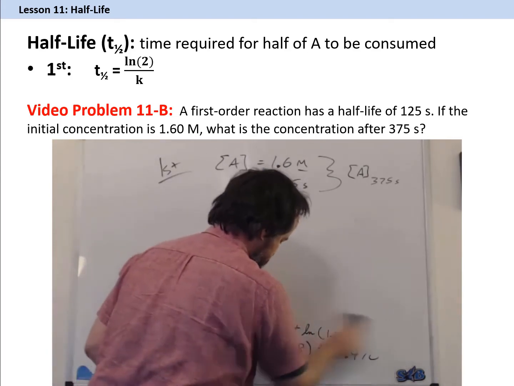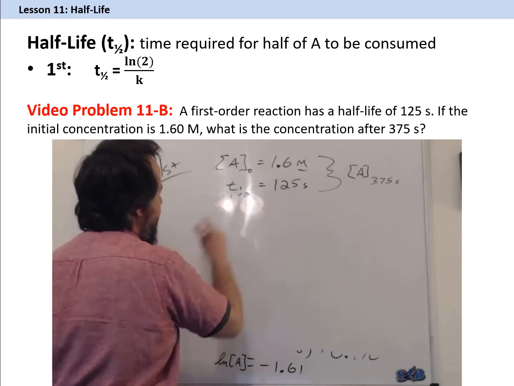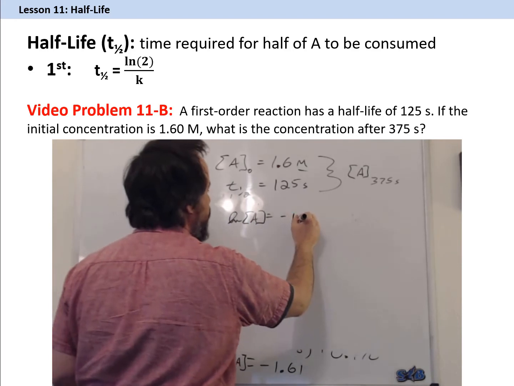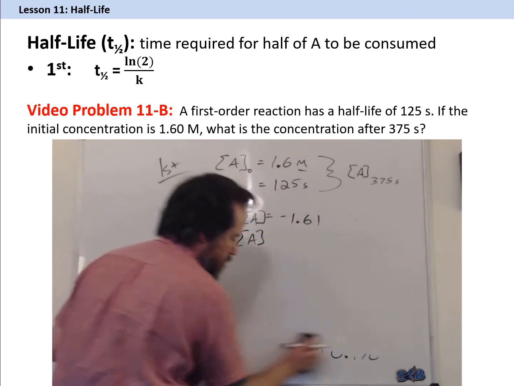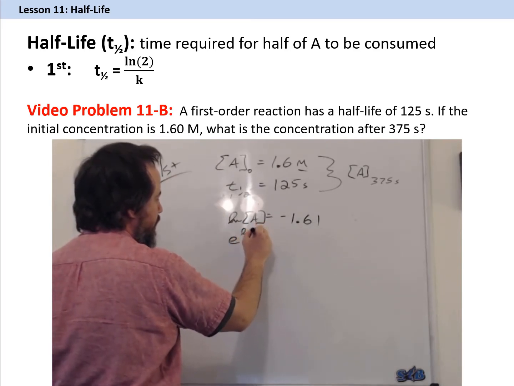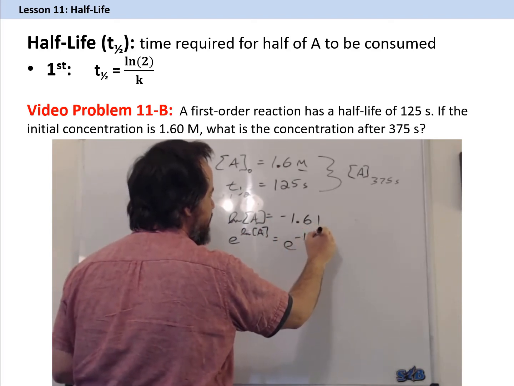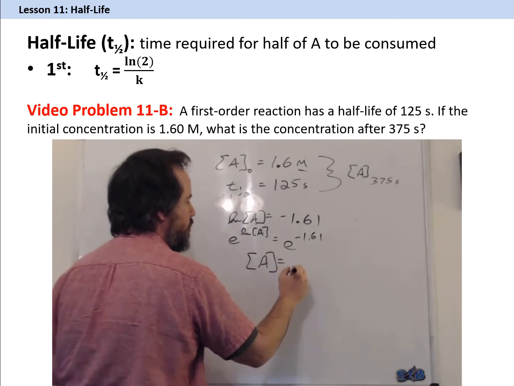So I just found that the ln of my concentration is negative 1.61. So if I want to know the concentration, what I have to do is take e to that, because e to the ln A gets me my concentration.